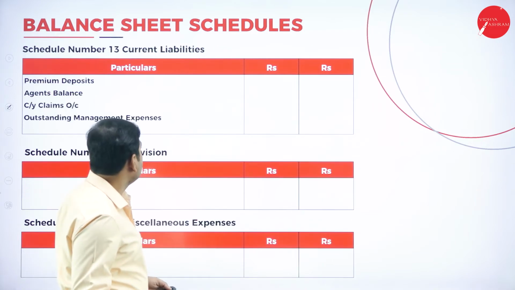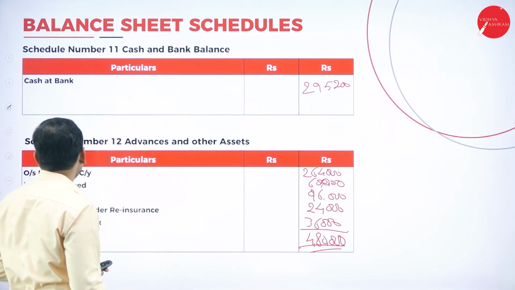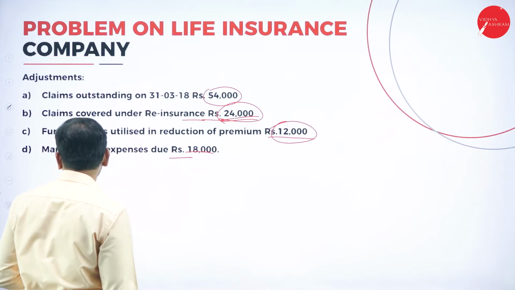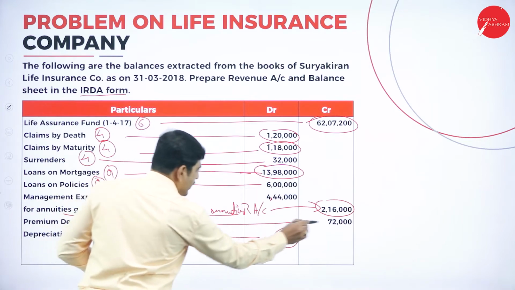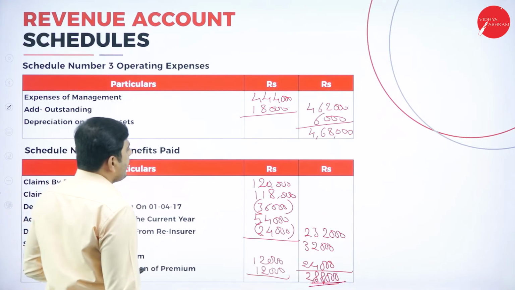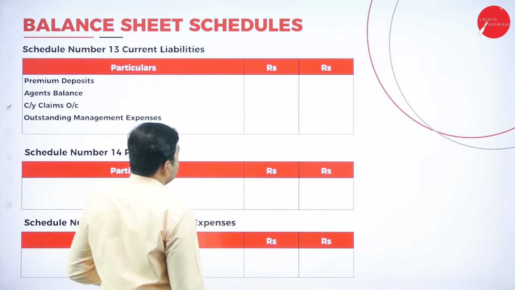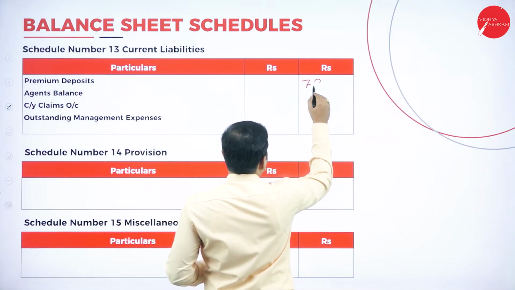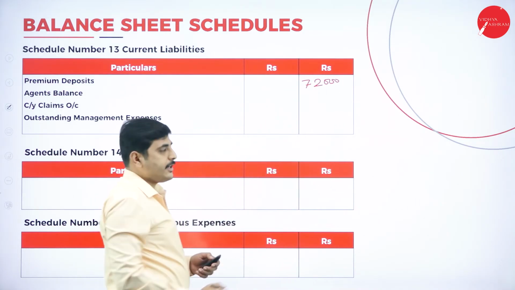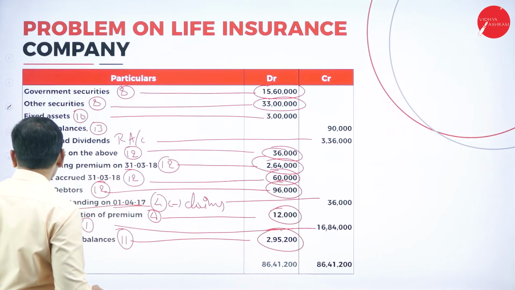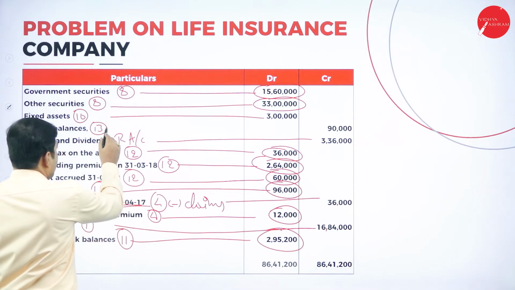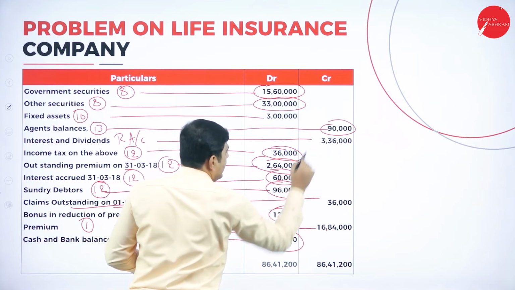Next, schedule number 13, current liabilities. Premium deposits we are having 72,000. Next item is agent's balance. Let's look at the agent's balance in the question. We are having 90,000.